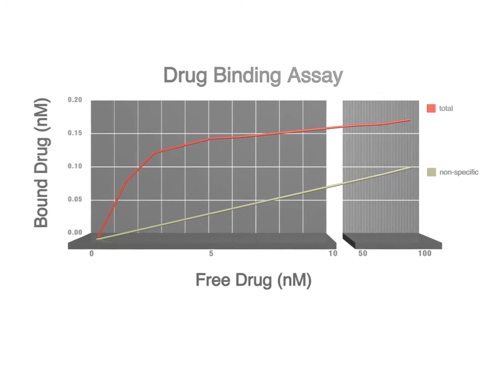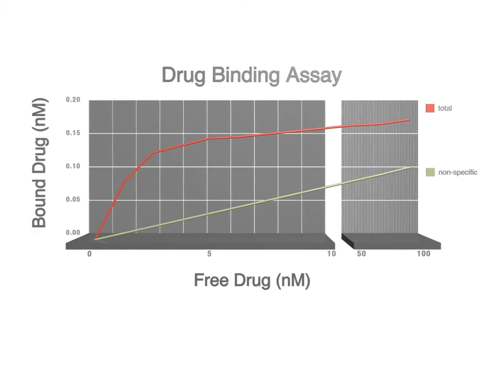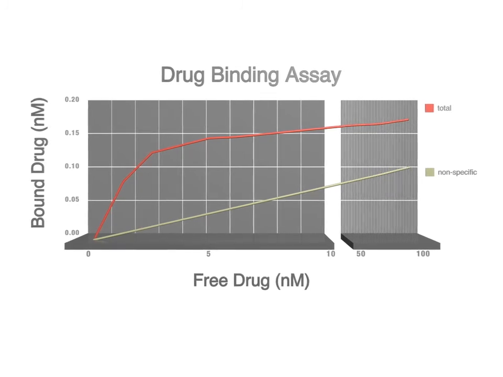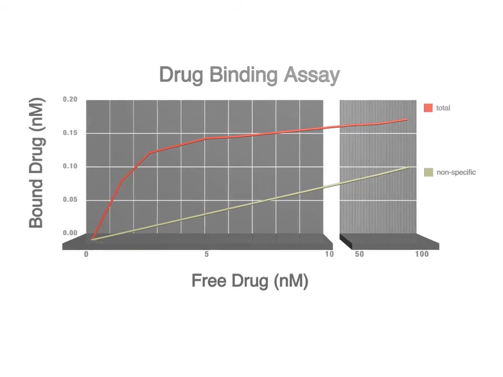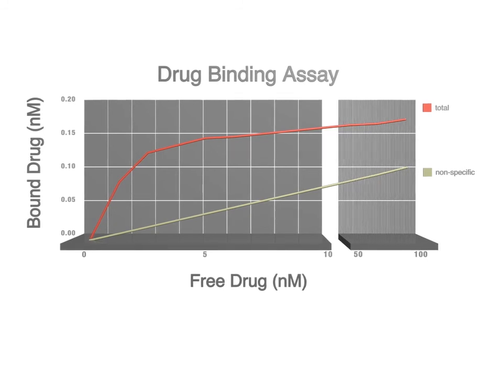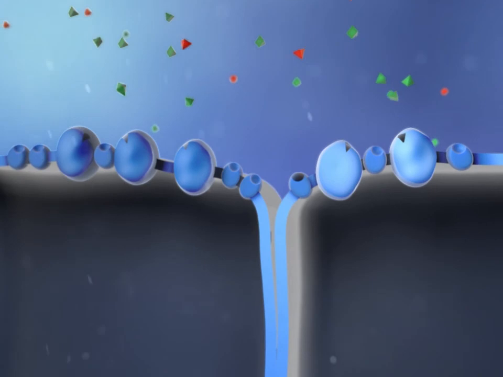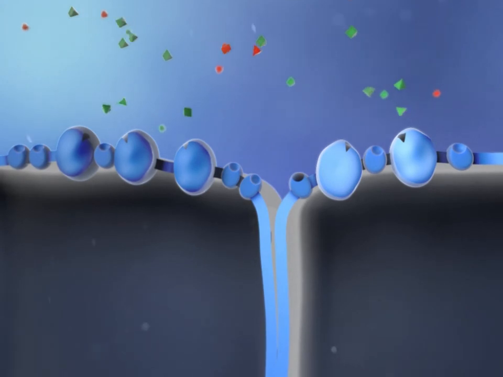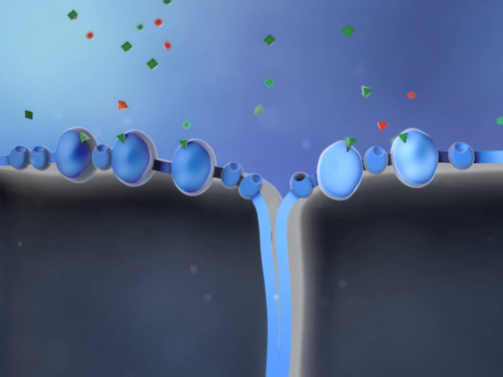This means that in the second set of tubes, the chances are that any given radioactively labeled drug molecule will bind to a receptor are very low compared to the chances that an unlabeled drug molecule will bind to that receptor. Essentially, the unlabeled drug has outcompeted the radio-labeled drug for all of the high-affinity binding sites, saturating the receptors with unlabeled drug, which is not detected by our machine.